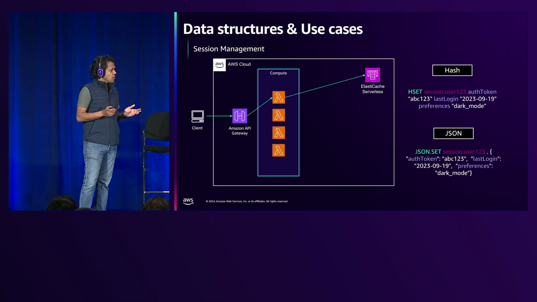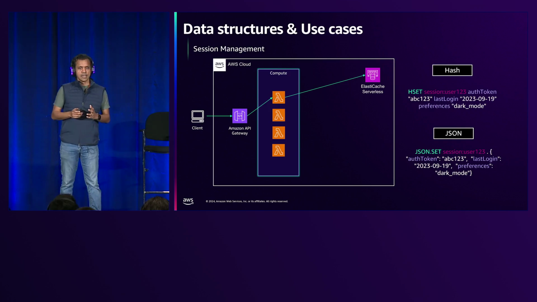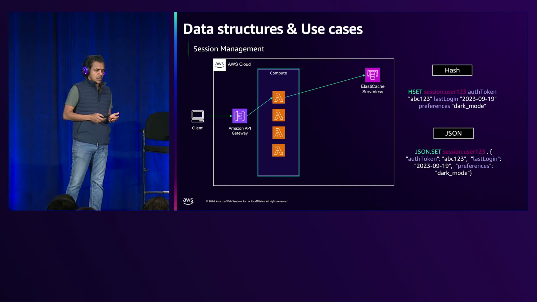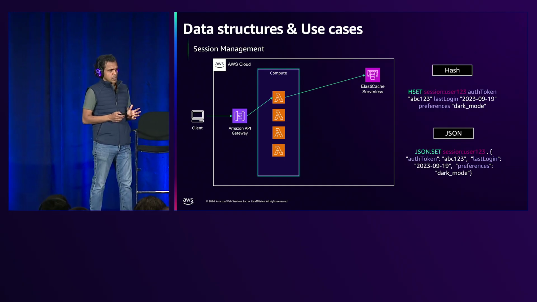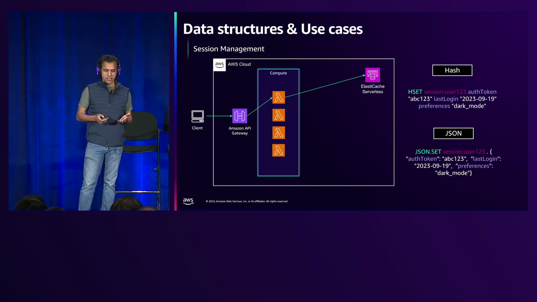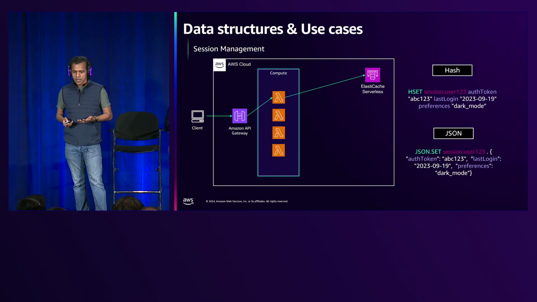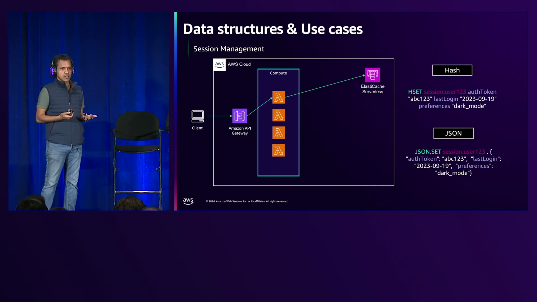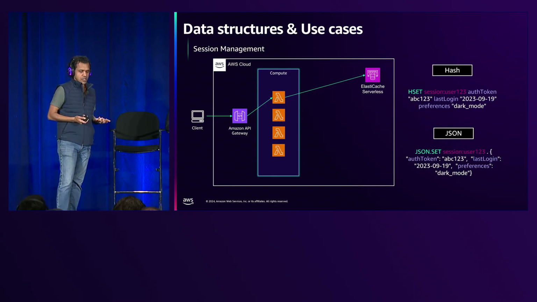So we covered caching strategies and we covered cache data invalidation. Now let's talk about how to store data in the cache, right? So we will cover a few use cases and we will talk about how you can use ElastiCache Serverless to store that data. The basic version of most applications that start with caching would be session management. You want to store your user session data inside your cache.